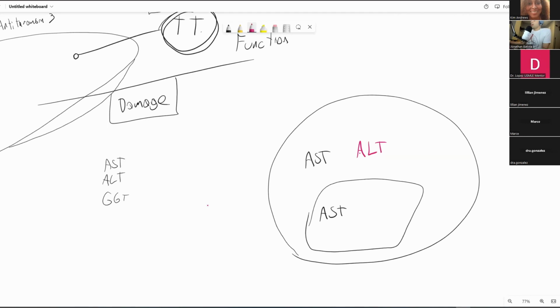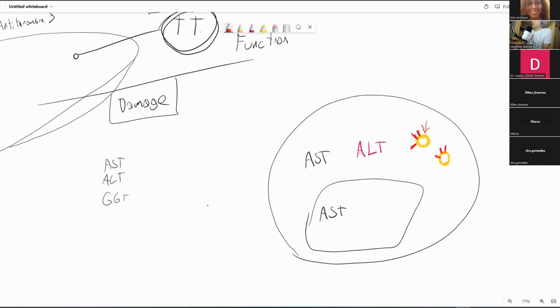So if I have accumulation of glycerol and synthesis of fatty acid, I'm going to have triglycerides that now occupy the cytoplasm. And these triglycerides are kind of big. They're not small. So they start to occupy too much space within this hepatocyte and they can start causing damage.